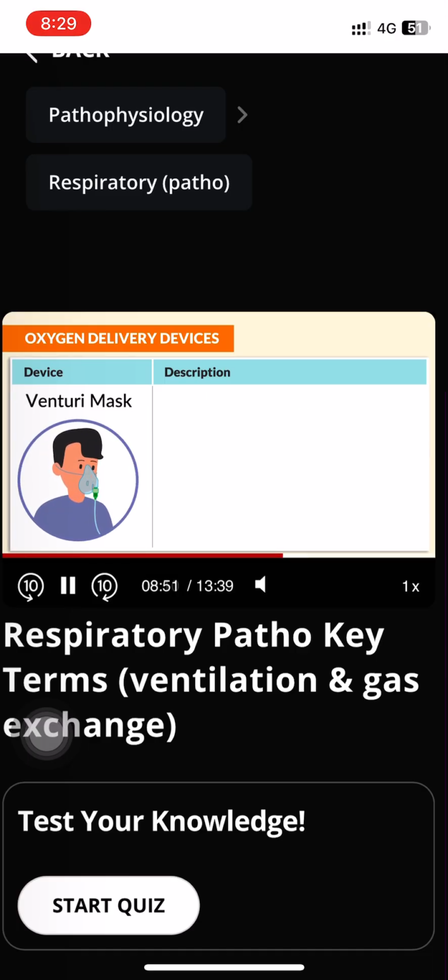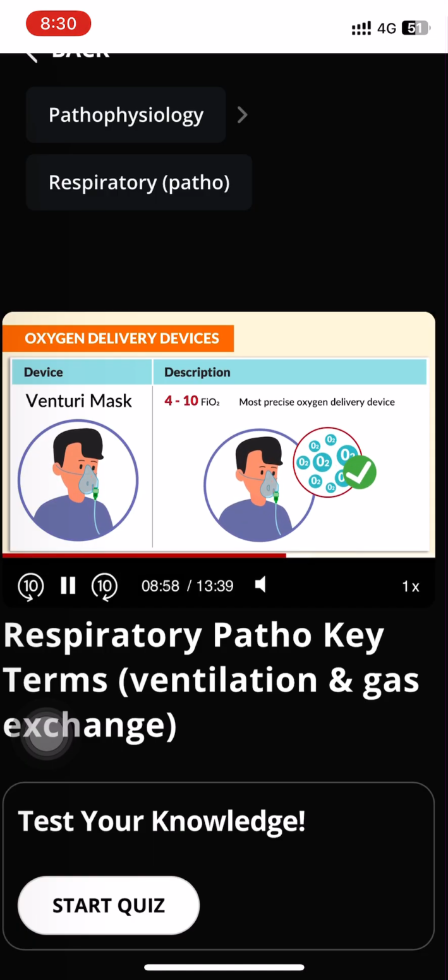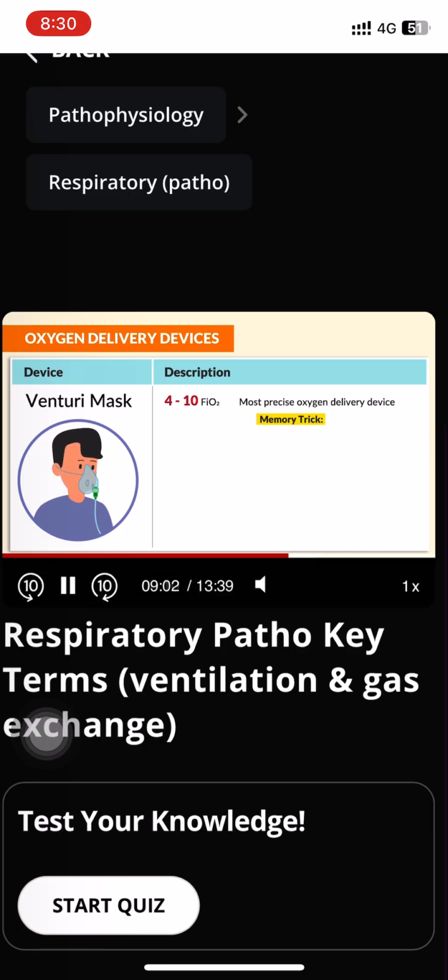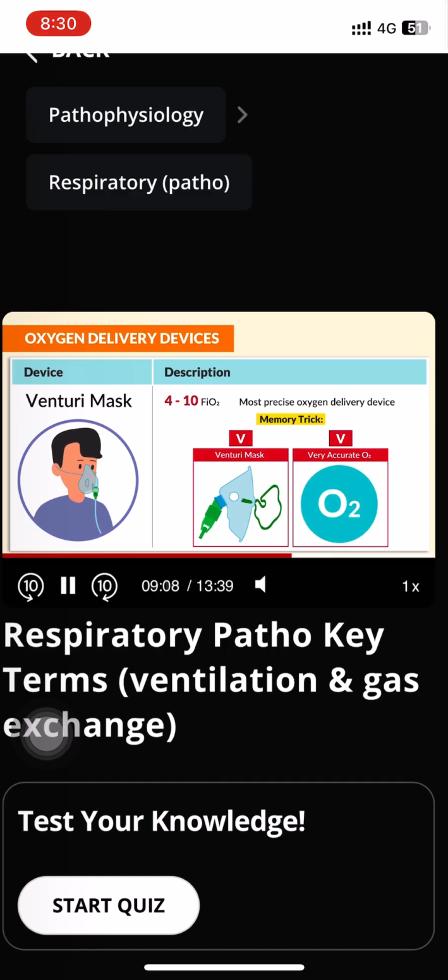Next, we have the Venturi mask, 4 to 10 FiO2. Now, key term, this is the most precise oxygen delivery device. So the memory trick we use are the double V's here. V for Venturi mask, just think V for very accurate O2.